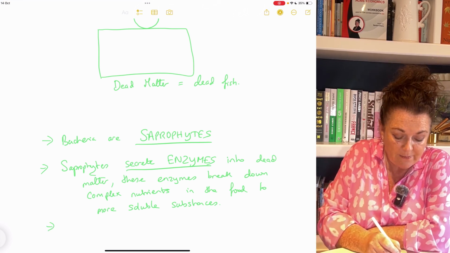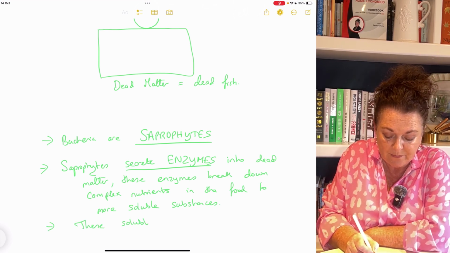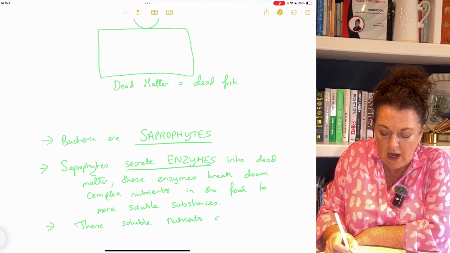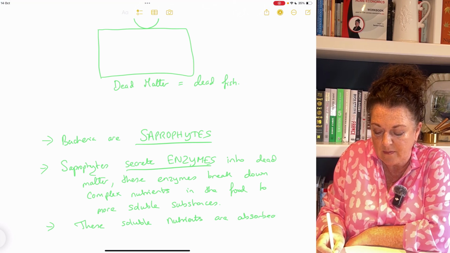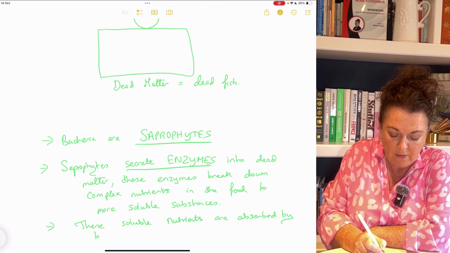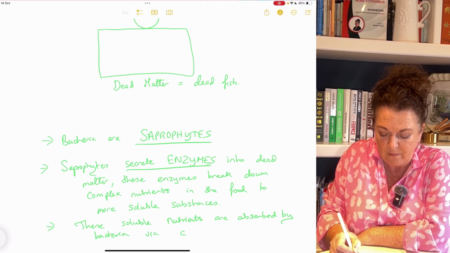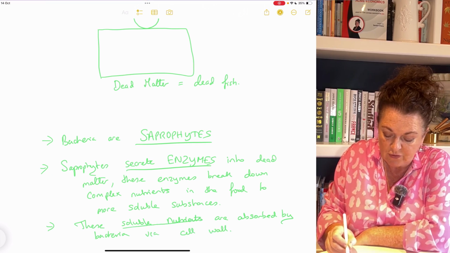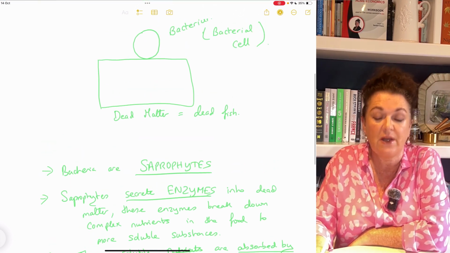And finally, these soluble nutrients are absorbed by the bacteria via their cell wall. So we'll just underline that. Soluble nutrients absorbed by bacteria via cell wall.